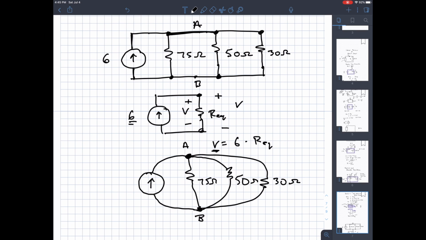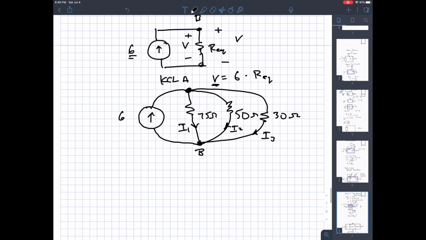I think that makes it more obvious that we have currents flowing through here, I1, I2, and I3. And if I do a KCL at this node A, what do I get? The current going into the node is 6. The currents going out are I1 plus I2 plus I3.